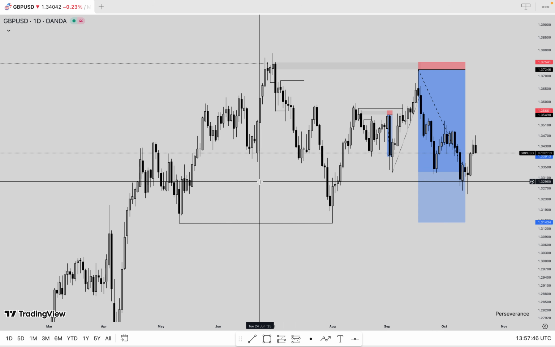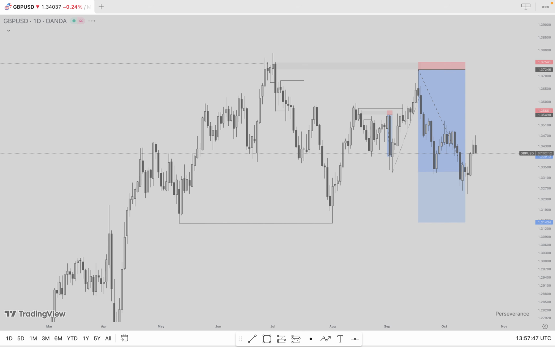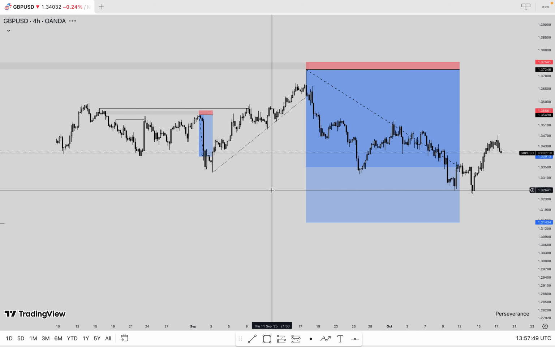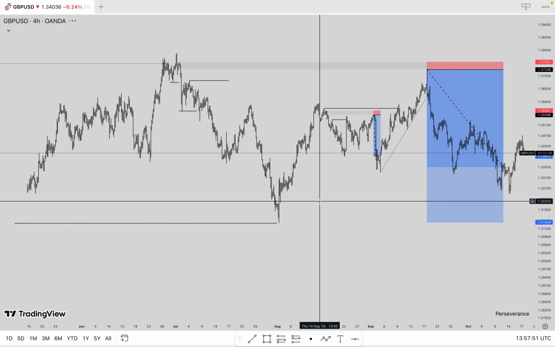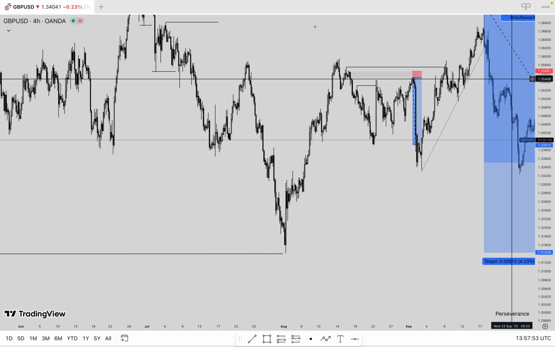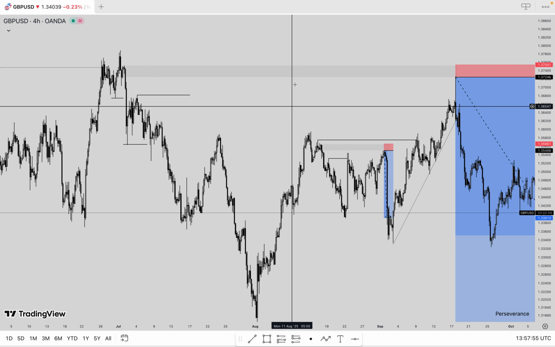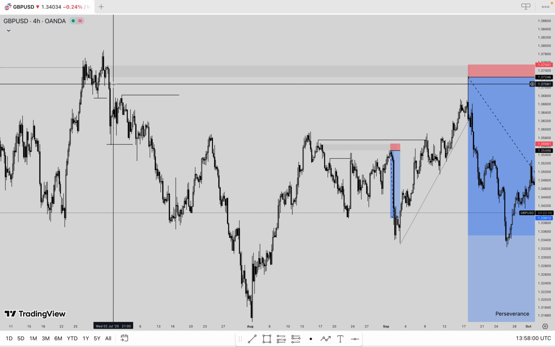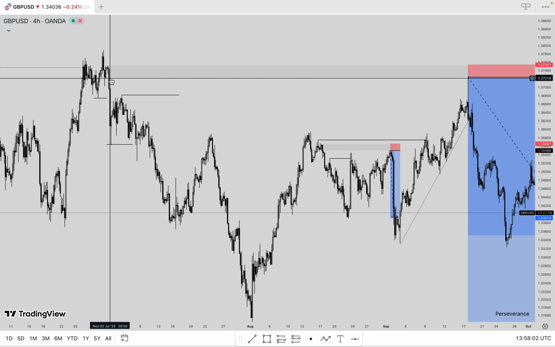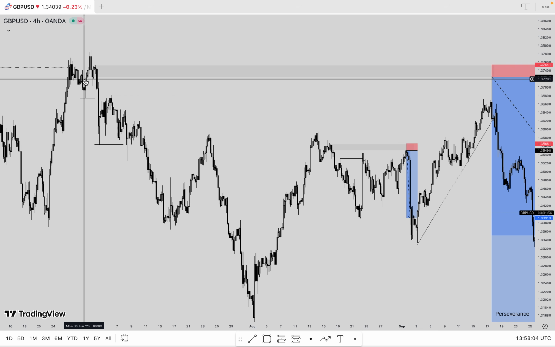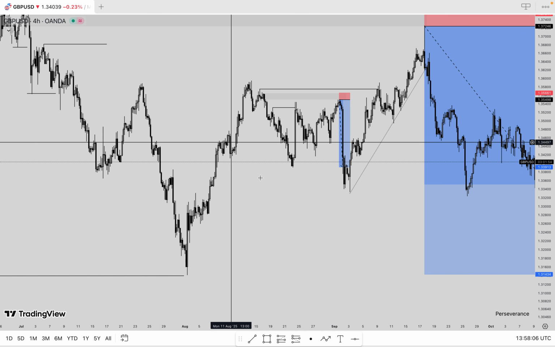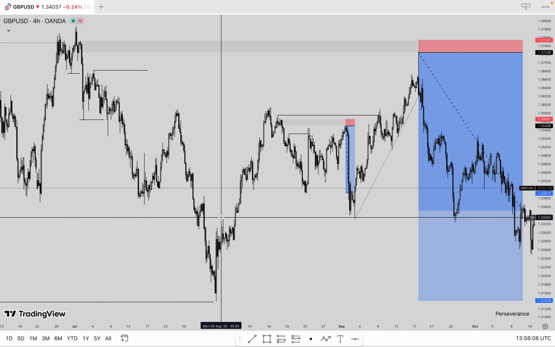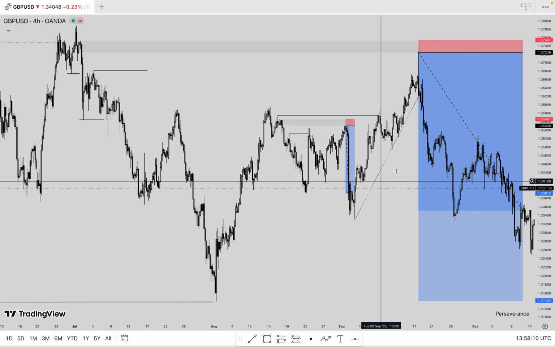So I went down to the 4-hour time frame. Then I was able to take my sell position from this order block here.